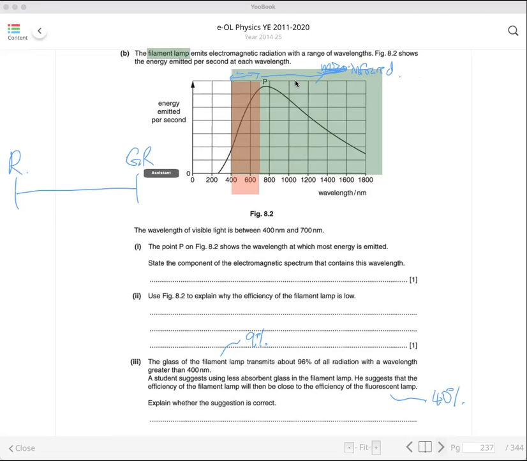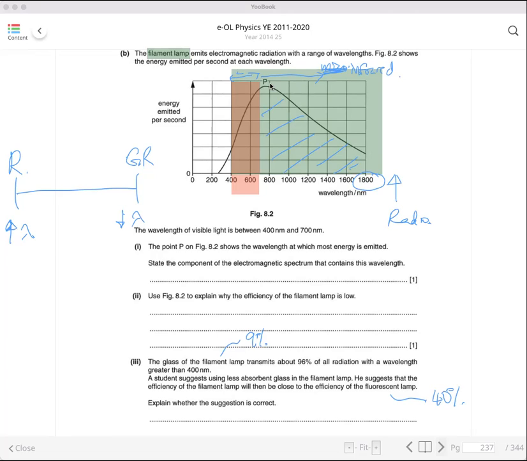Radio wave has a long wavelength, whereas gamma ray has a short wavelength. So this one is long, so this is towards the radio side. All this energy that is being emitted is mainly infrared energy, which is in the form of heat. Clear so far?